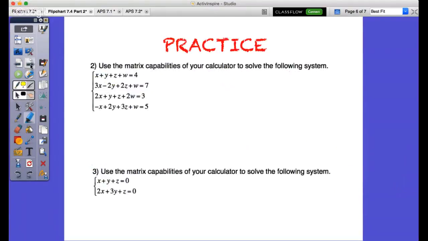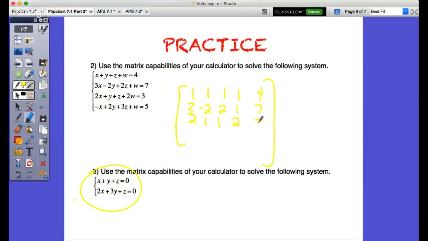Let's take a look at number 3, just because that's an important one. Again, just so you're aware, if I was to do number 2, use the same method. The only difference is this would be 1, 1, 1, 1, 4, 3, -2, 2, 1, 7, 2, 1, 1.